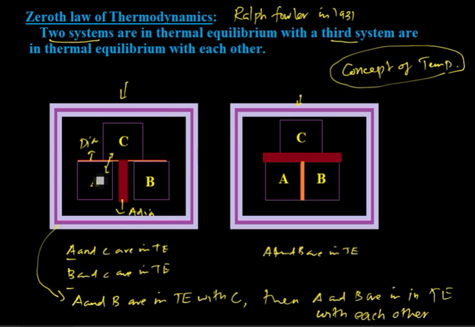That is, if the systems A and B are in thermal equilibrium with a third system C, then A and B will be in thermal equilibrium with each other. That is the zeroth law of thermodynamics, which establishes the concept of temperature and the use of thermometers. So that's all about the zeroth law of thermodynamics and thermal equilibrium.